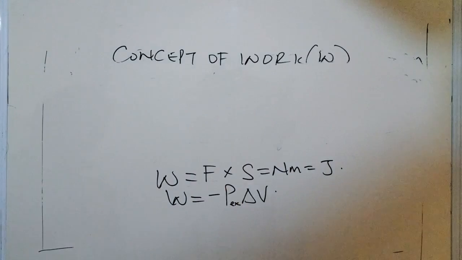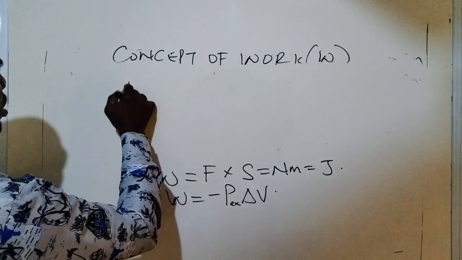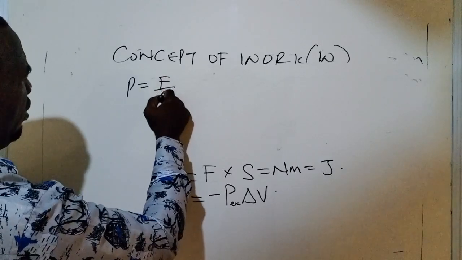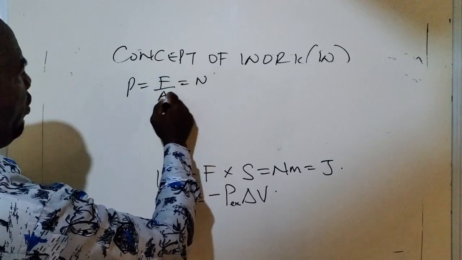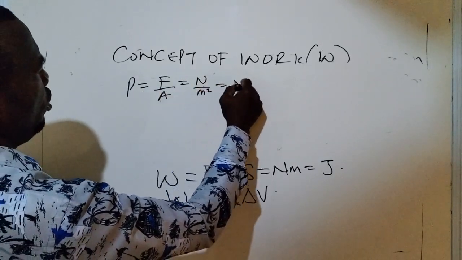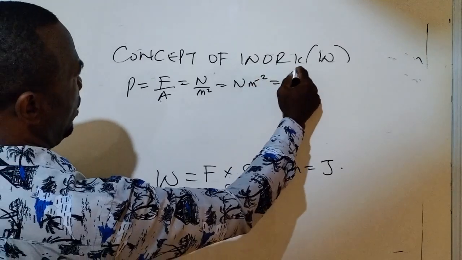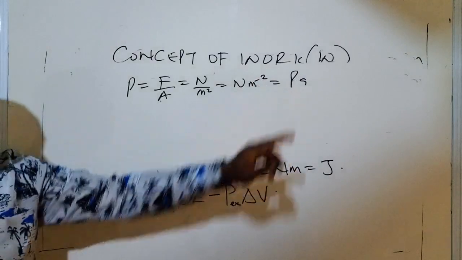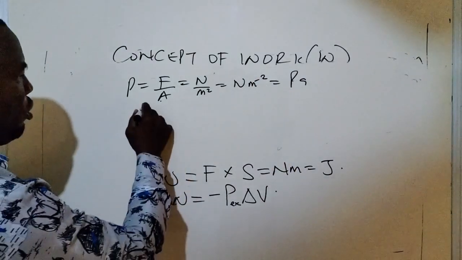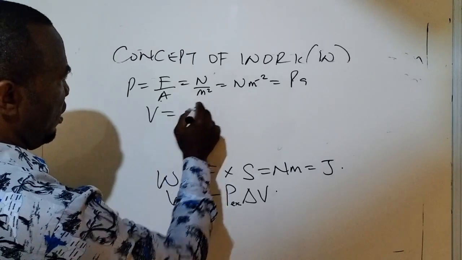They are equal because pressure is obtained by force over area in physics or physical chemistry, and force is Newton, area is meter square. That gives you Newton per meter square, which is what we call a Pascal. So the unit of pressure is Newton per meter squared, or Pascal. And the unit of volume is meter cube, the standard unit of volume.